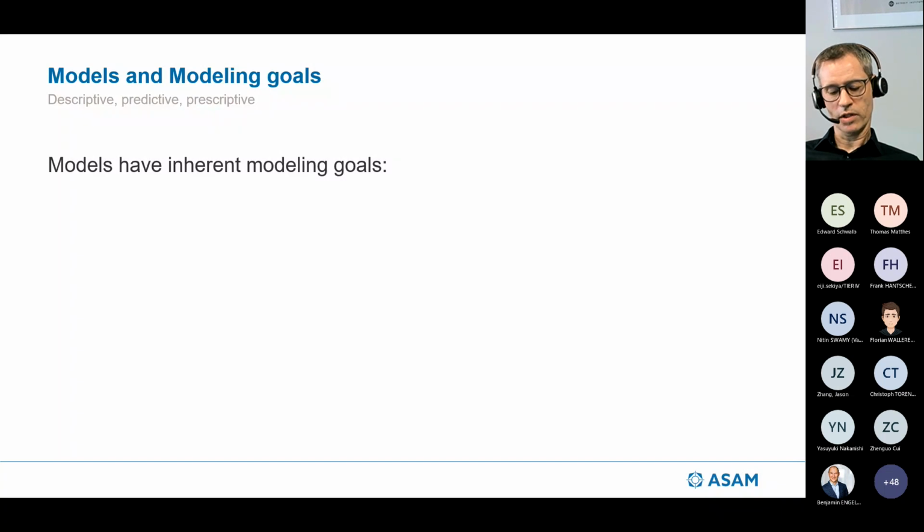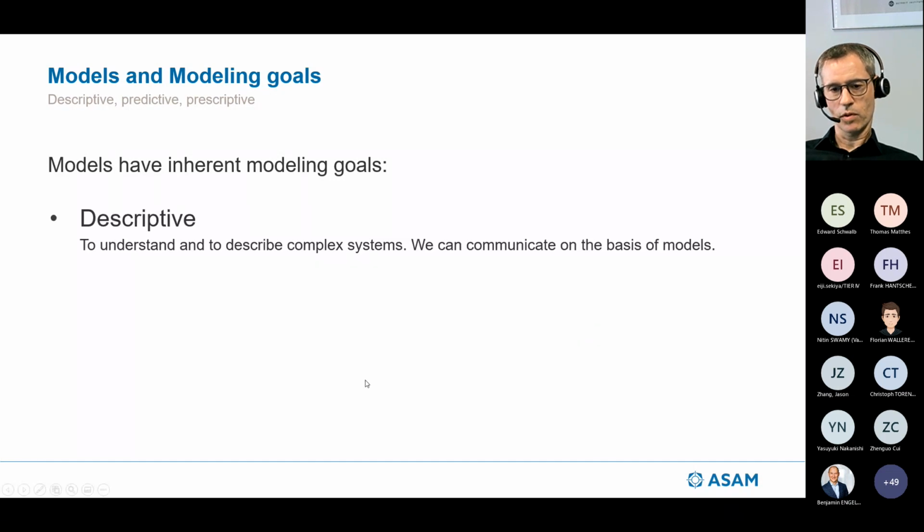So we do not have one general model that explains everything, but when we have a model, it comes with its modeling goal. And a modeling goal, just to give you an impression of what we are talking about, could be, for example, descriptive, which means we are describing a complex system so that we can communicate on the basis of this model.